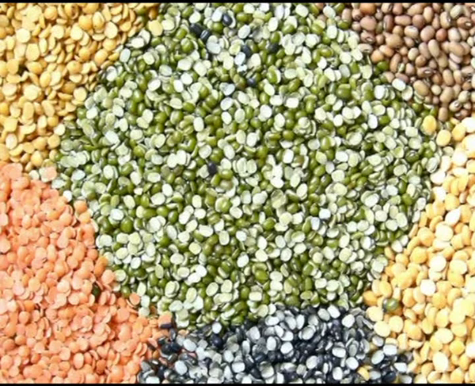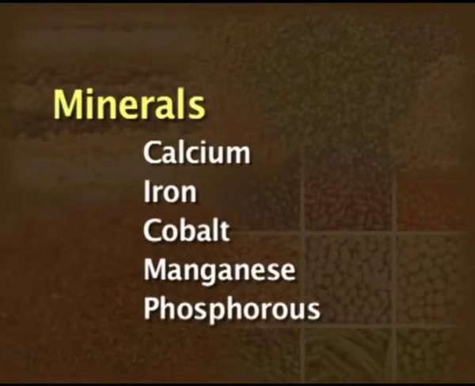In minerals, the pulses contain small to moderate quantities of calcium, iron, cobalt, manganese and also phosphorus, but 80% of this phosphorus is found in the form of phytin and therefore interferes with the bioavailability of iron.